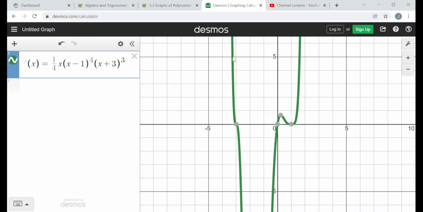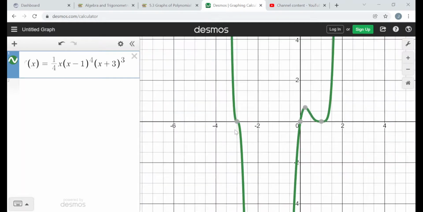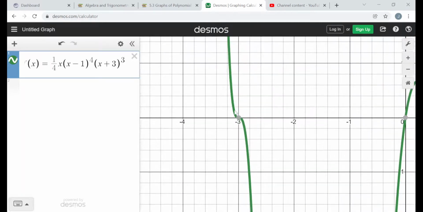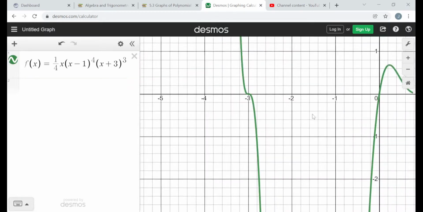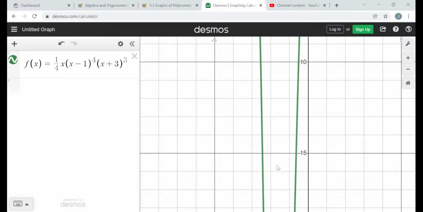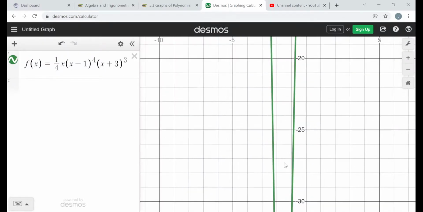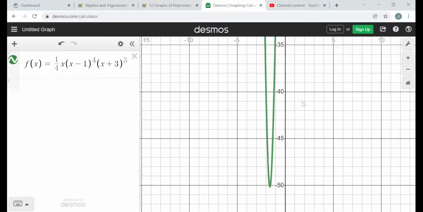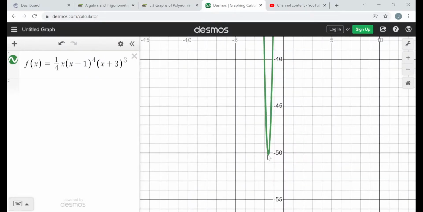And look at that. See how it's going up to the left, up to the right. It crosses x equals -3 like a cubic, right? It doesn't come straight through it, it kind of curves into it like we said. And then it turns at some point. Now it's turning way deeper than I drew. Way further down at like -50 here.